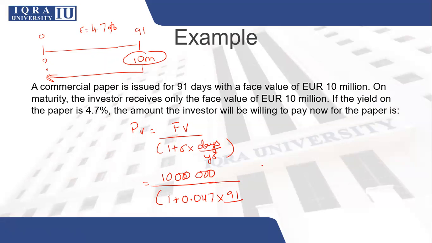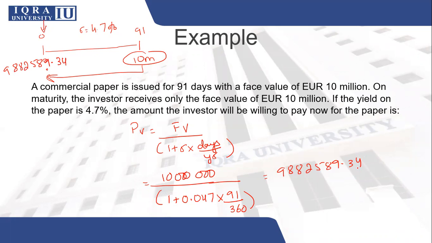So should you use 360 or should you use 365? So we will use 360 over here. And if you calculate this, this is coming to 9,882,589.34. So this is the price of this commercial paper. This is the amount that you would be willing to invest right now at time 0.